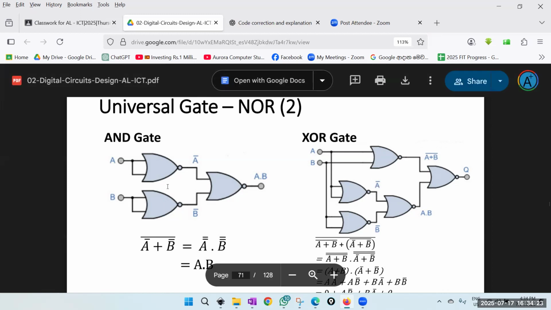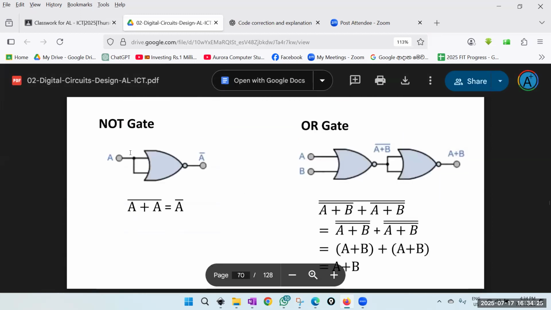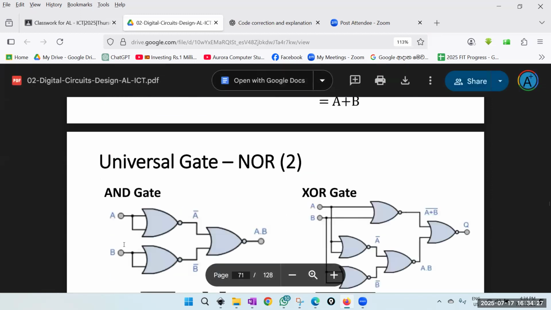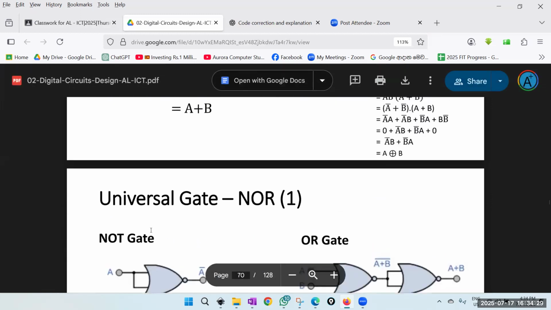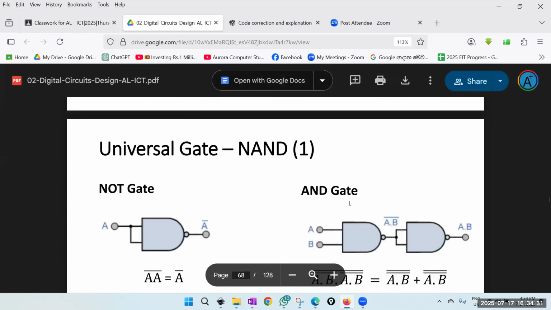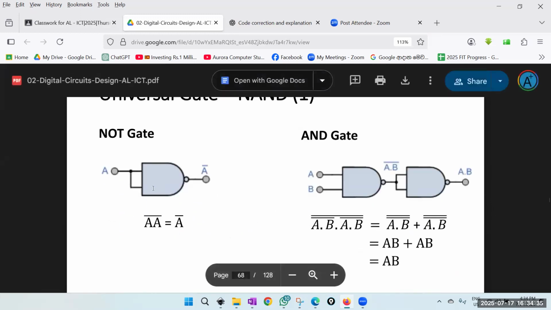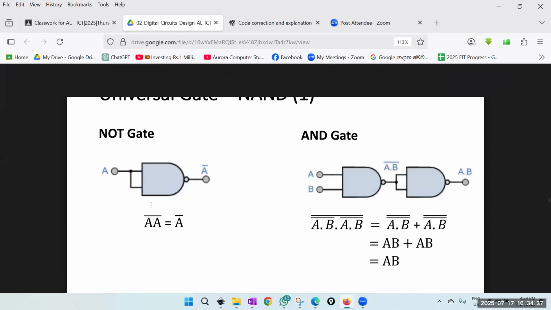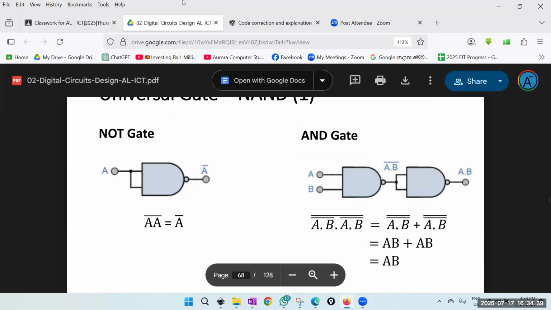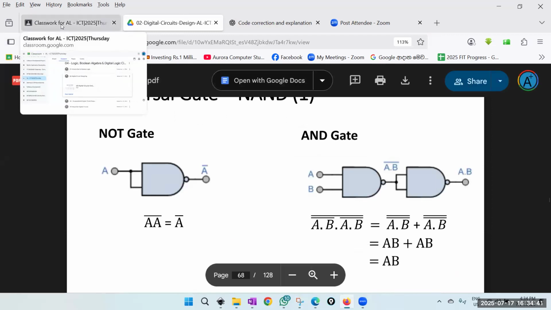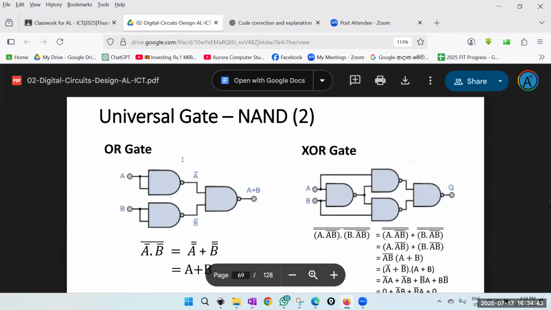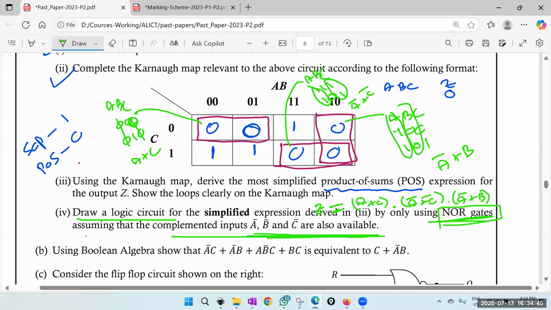But definitely, you must remember how to create a NOT gate, OR gate, and AND gate using NOR gates, and how to create a NOT gate, AND gate, and OR gate using NAND gates. Okay, NAND gates. Most of the time, examiners ask about NAND gates, but you can see that in 2023 examiners asked about NOR gates. Okay, right.